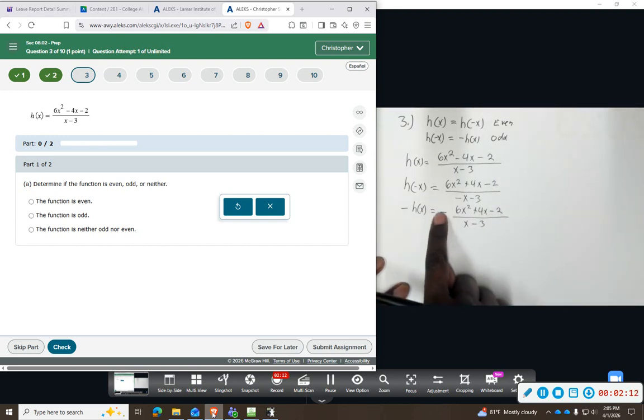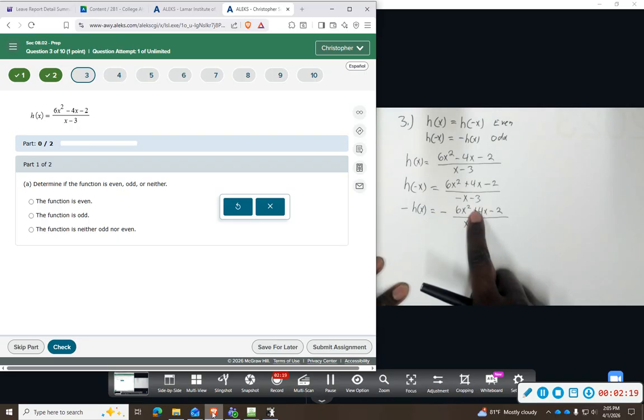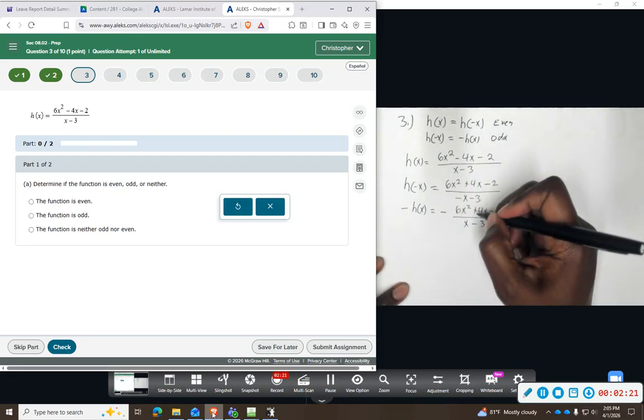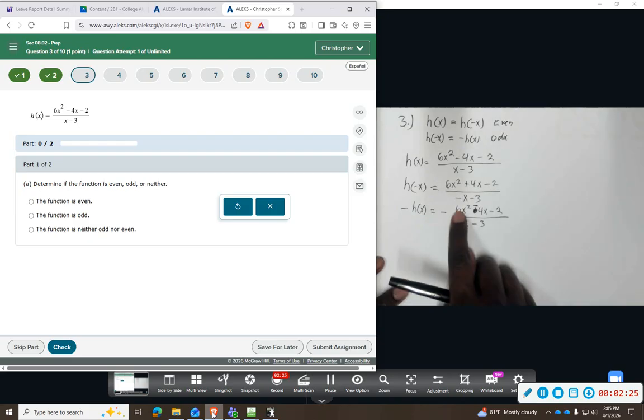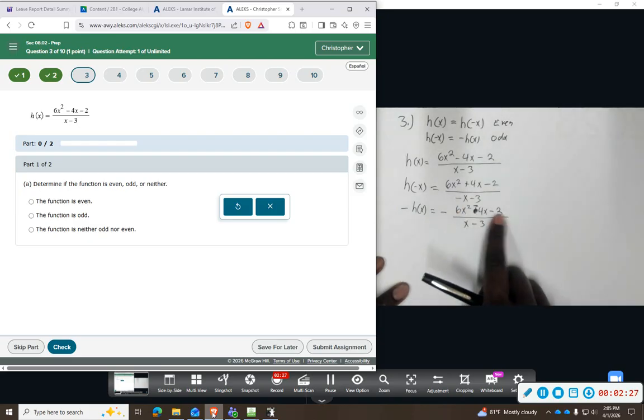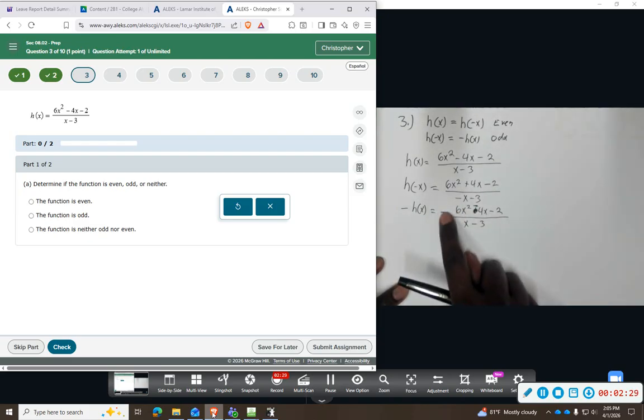So if I distribute it through the bottom, this will be negative, that would be positive. If I did it through the top, I don't know why I wrote plus here. The original should be a minus. I'd be careful. So 6x squared minus 4x minus 2. If I distribute it to the top, all these signs would change.